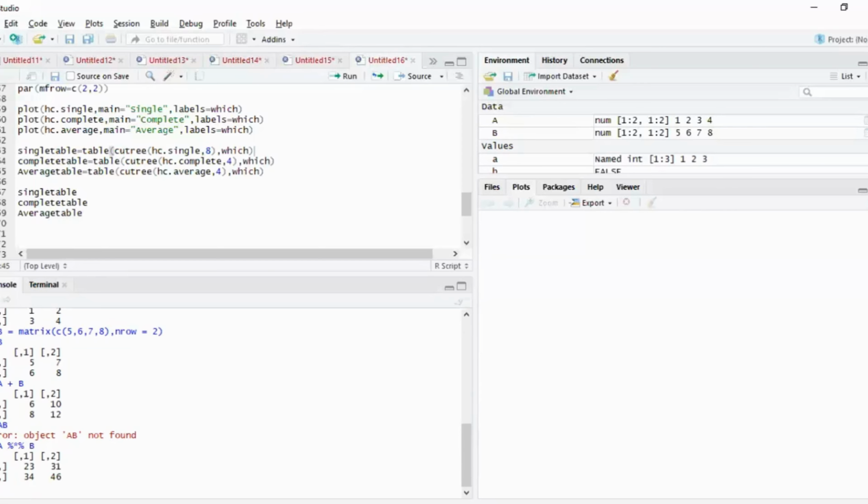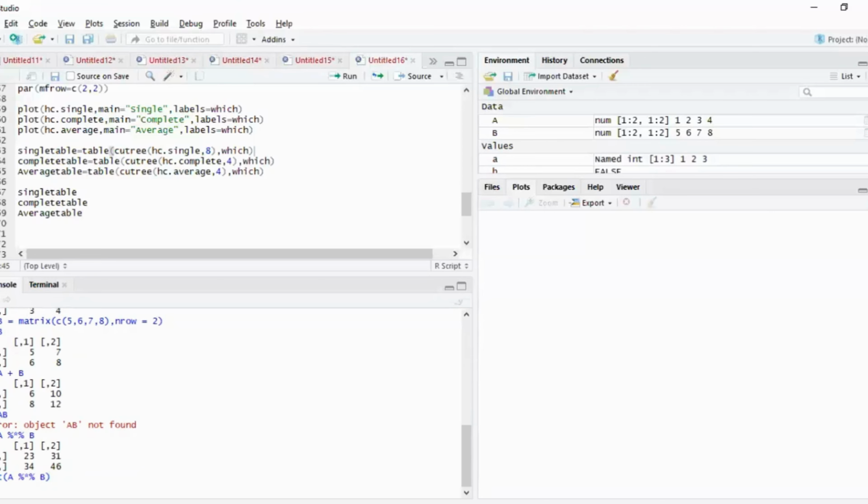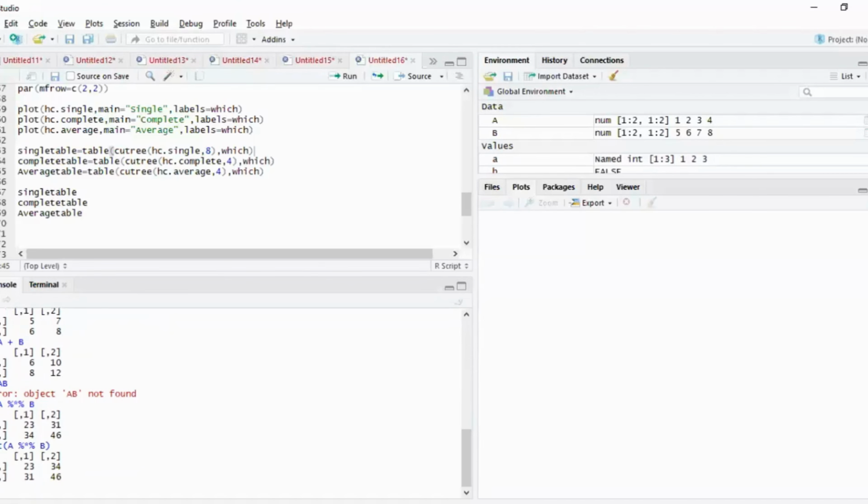Now I want to find the transpose. Transpose of this is also possible. See, small t, transpose of A into B is something I am looking at. Possible.